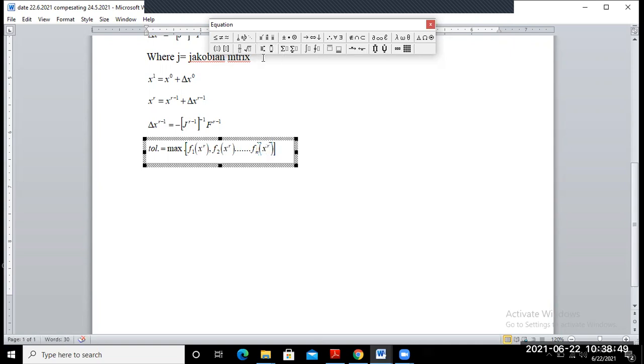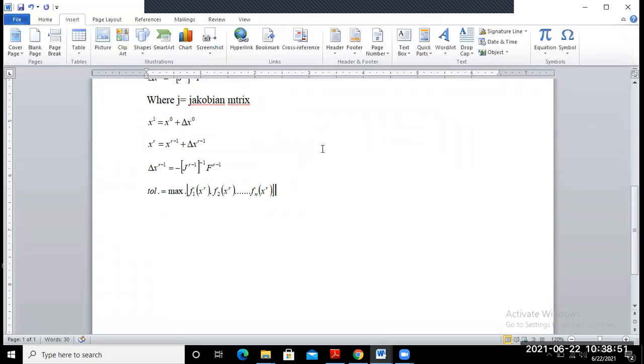So your tolerance value is less than or equal to some specified value. Okay. So tolerance value less than or equal to some specified value.